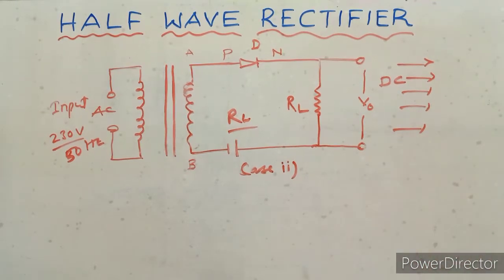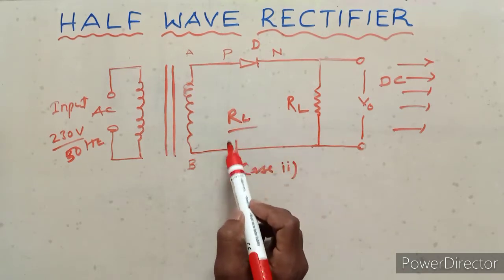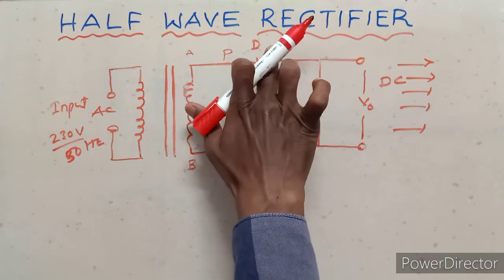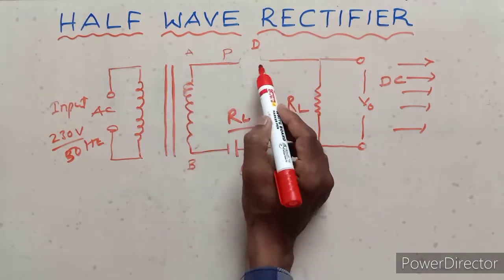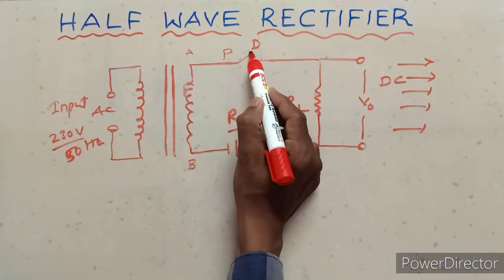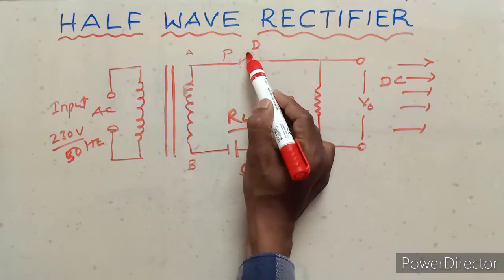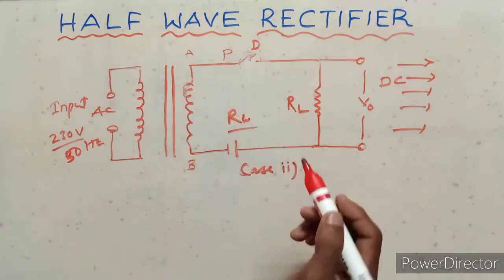So in the case 2, the reverse bias acts as open switch.